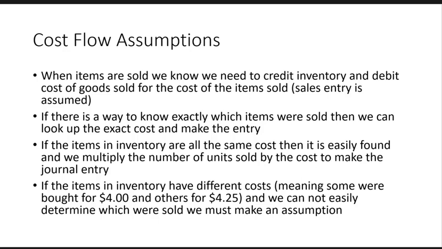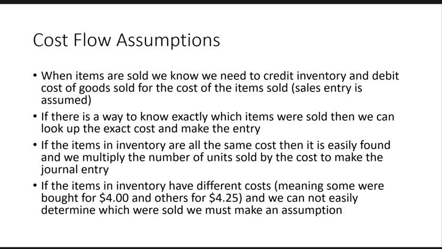Easy. But what happens if I have inventory units that have different costs? Say I bought some at the beginning of the month for $4 and some at the end of the month for $4.25. Could have been an increase in price, could have been an increase in shipping costs, could have been whatever made that change between what we bought at the beginning and what we bought at the end.